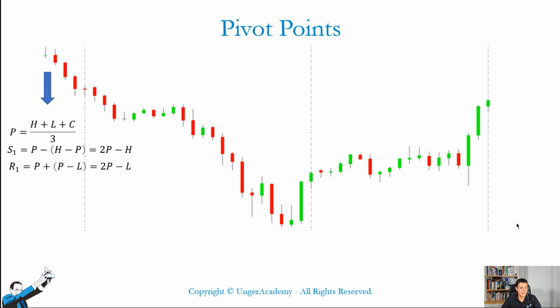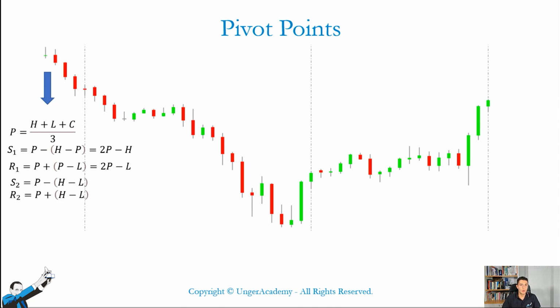they are just the product of 2 times the pivot point minus the high of the day before for the support, and 2 times the pivot point minus the low of the day before for, of course, the resistance.